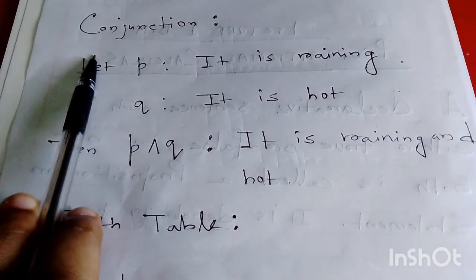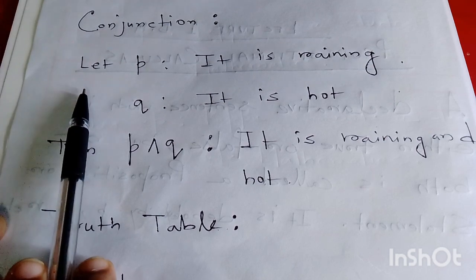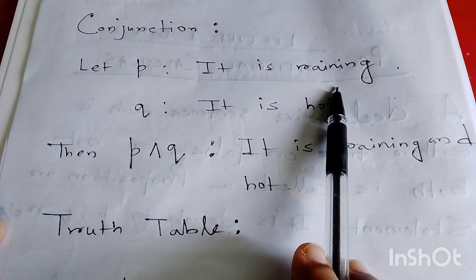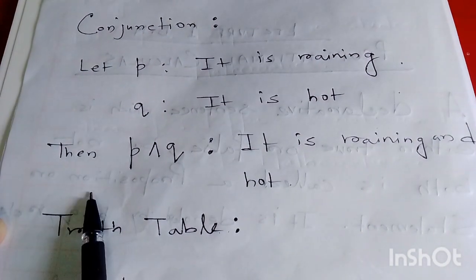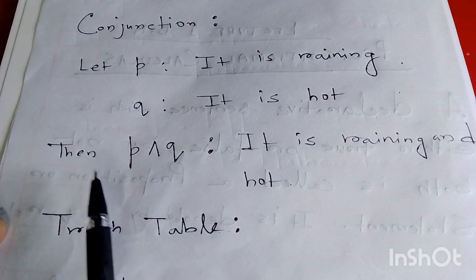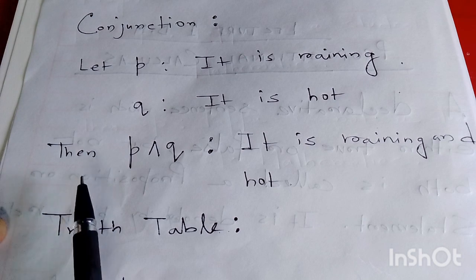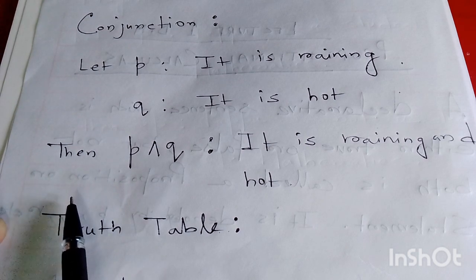Now this is conjunction, and let me explain you with an example. Let P: it is raining, and Q: it is hot. As we know, conjunction is a type of logical connective. What is logical connective? It is how the propositions or statements combine.